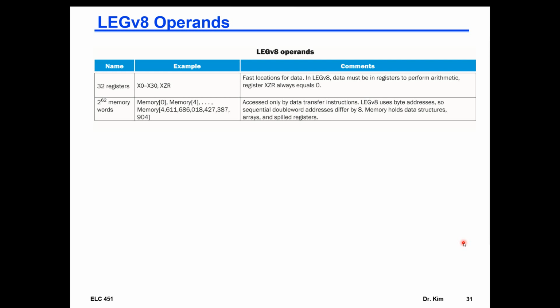Another part of the ISA is the addressable space of the processor. In this case, the ARM has 62 bits in the memory bus.